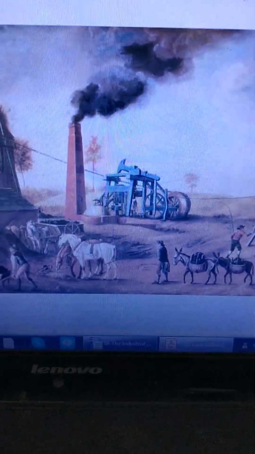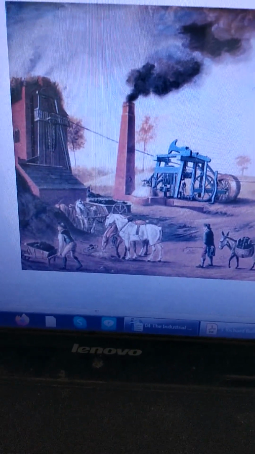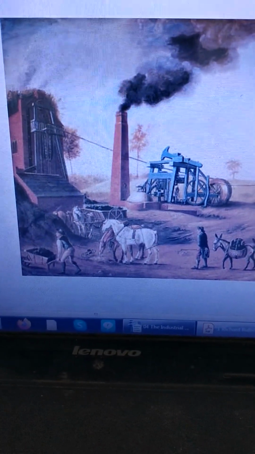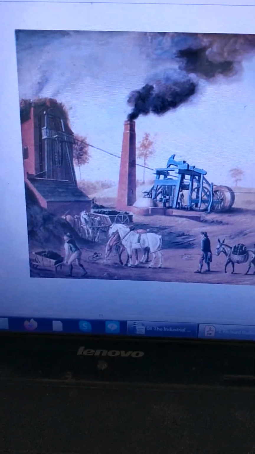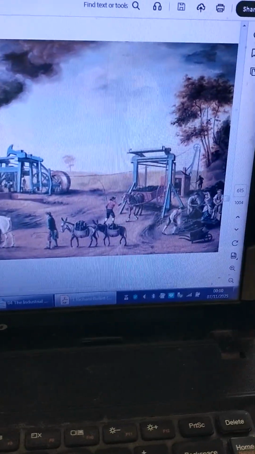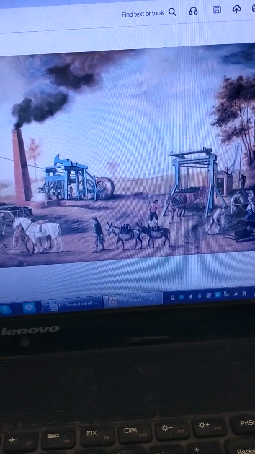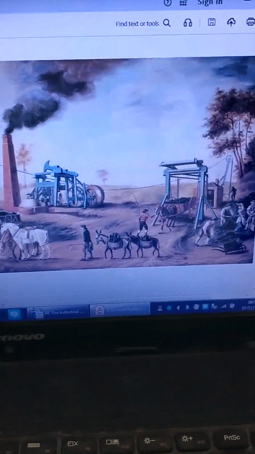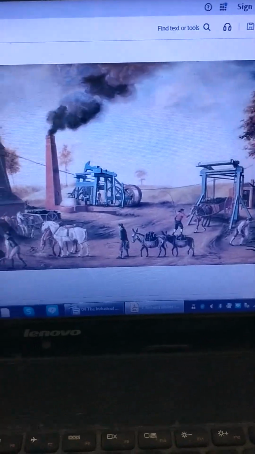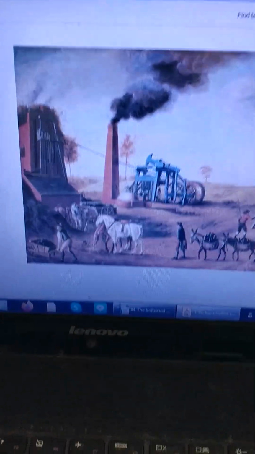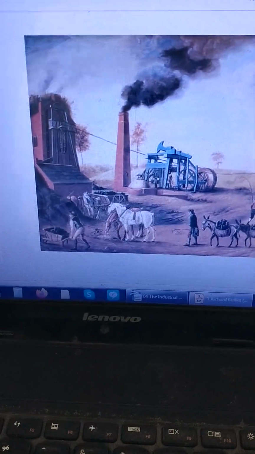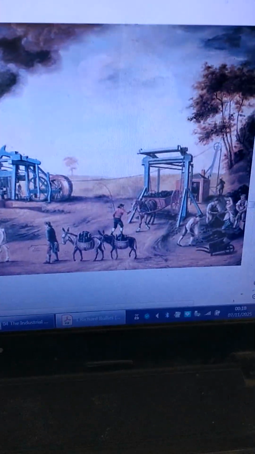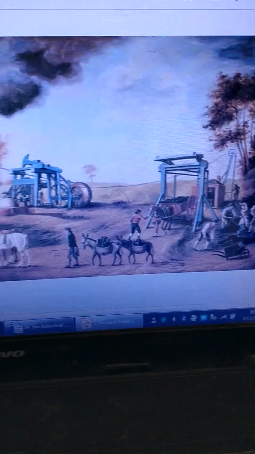Right, now as a set of questions for our sort of little mini homework before we go into note making on the textbook is, again, start off, what does the picture show? And I want you in particular to think about, where is this? We're not told the region, but we can clearly see whether it's town or country. Now, on the basis of whether it's town or country, what sort of labourers are required?